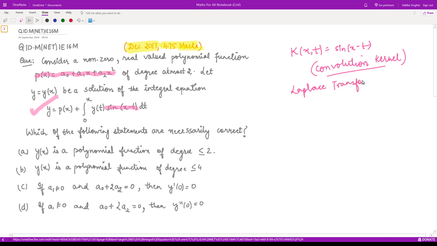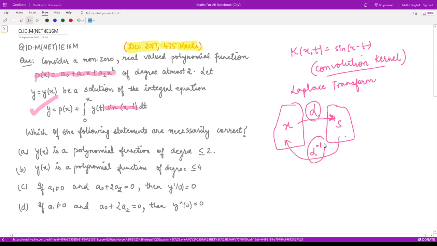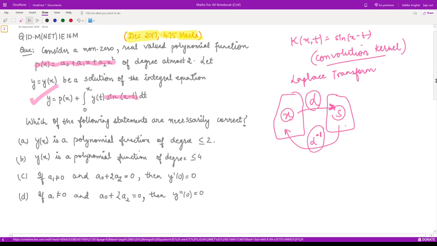What we do is we take our equation to another domain S. If this is our domain X, we take this to another domain using this operator L, the Laplace transform. We then simplify the solution in this domain and then we move back to our original domain using the operator Laplace inverse. We have the formulas for this. So we can easily solve this equation in the S domain and move back to the X domain. So let us get started.